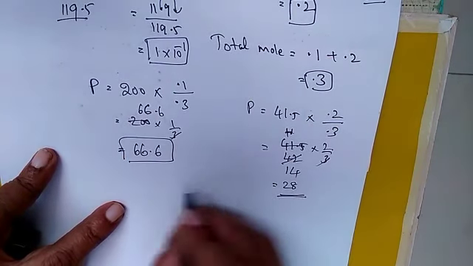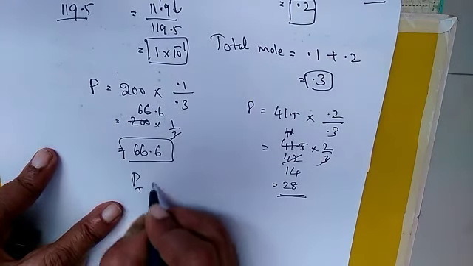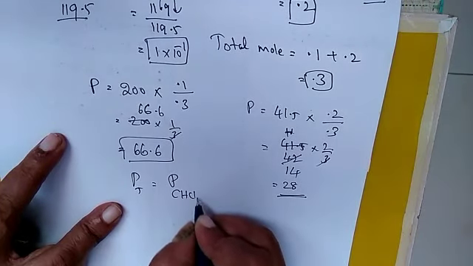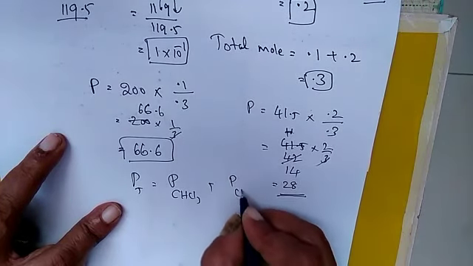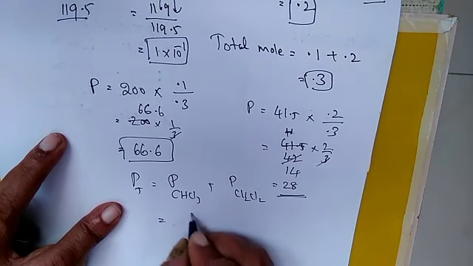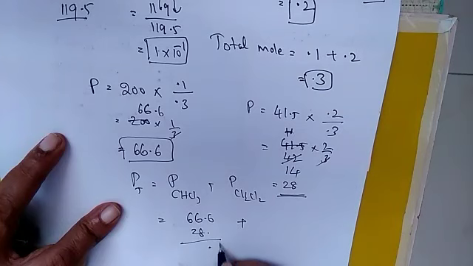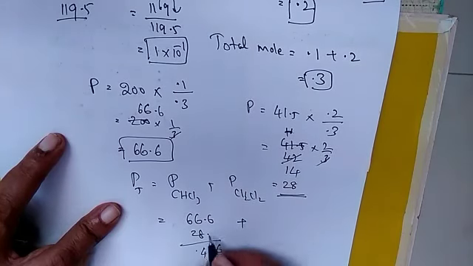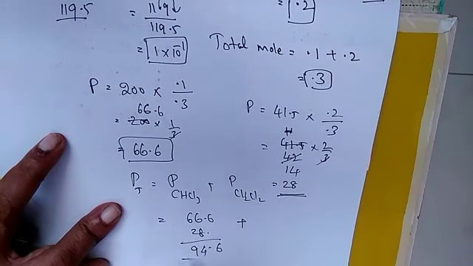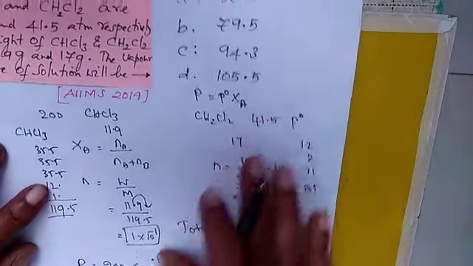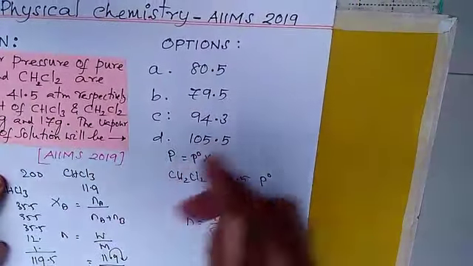Now the total pressure is equal to the vapor pressure of chloroform plus the vapor pressure of CH2Cl2, that is 66.6 plus 28. Adding this, you get 94.6. Now let us go and see the options.